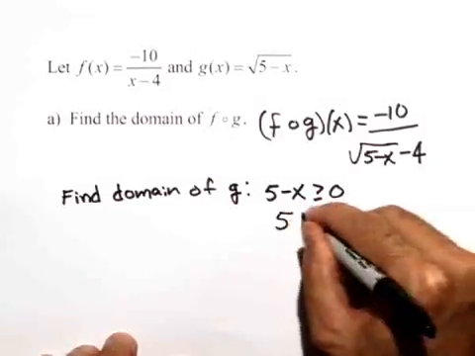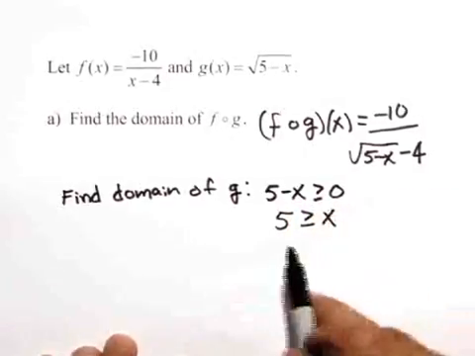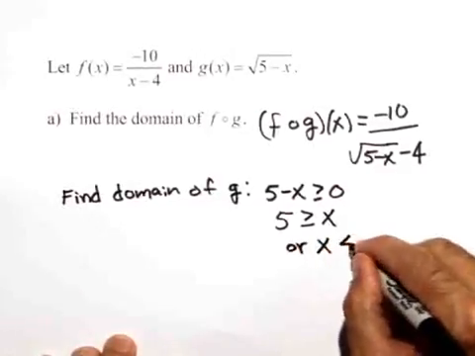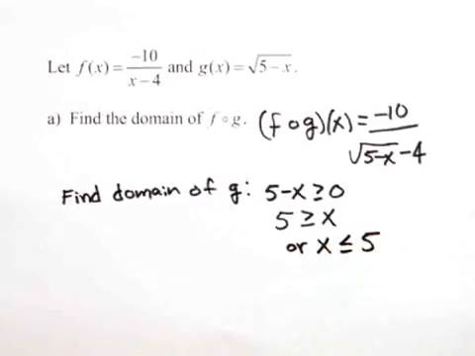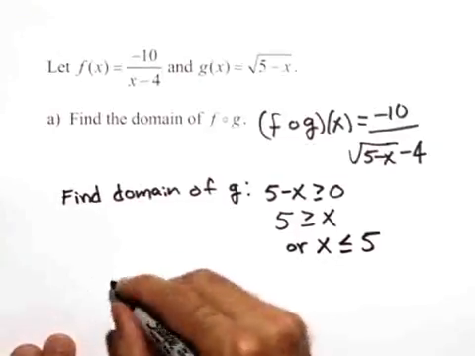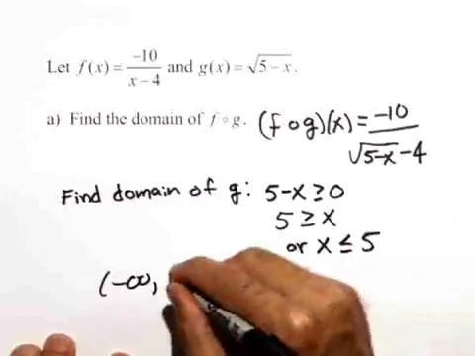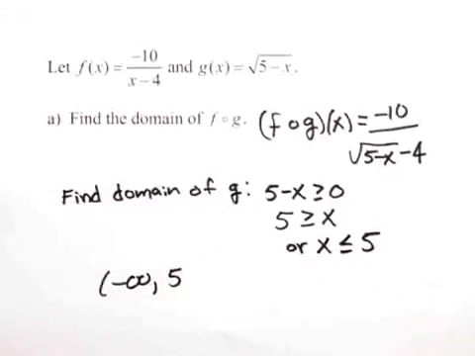So solving for x, we get 5 is greater than or equal to x, or x is less than or equal to 5.